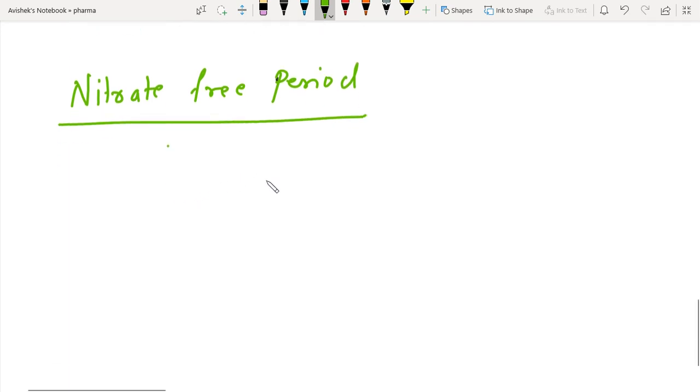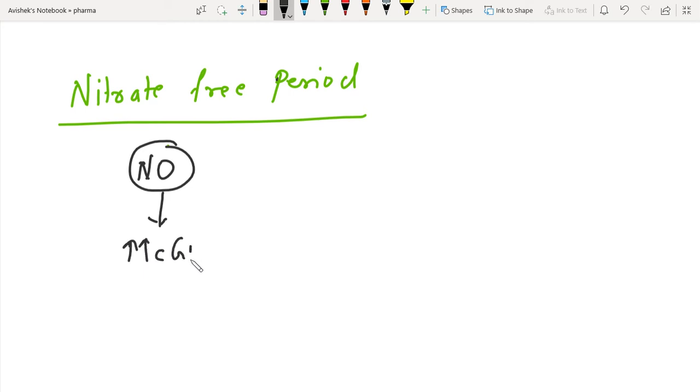What is this nitrate free period? When nitrate is given in the body, this will increase cyclic GMP, as we have already discussed. Cyclic GMP will lead to vasodilation and decrease the preload, which will decrease BP.